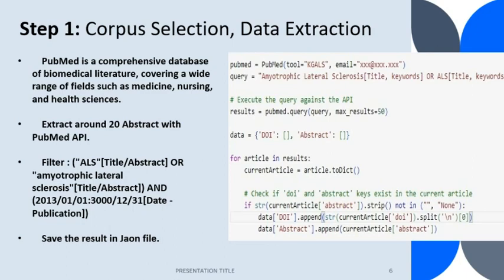We get the result and save it in a JSON file, and here is the program that we use. It's a sample of the algorithm. We use pubmed.query in order to retrieve the abstracts, and in a for loop we add them to the JSON file and save it somewhere.